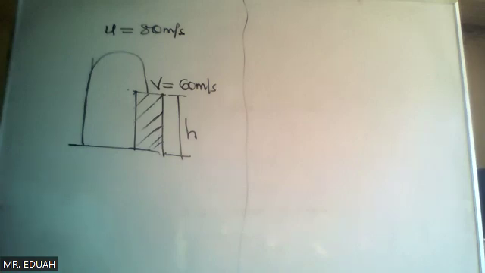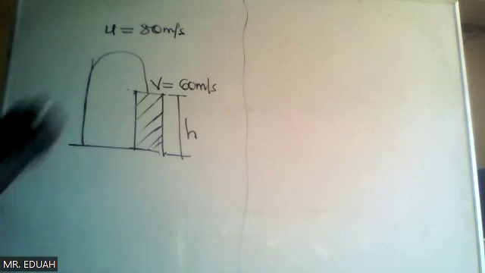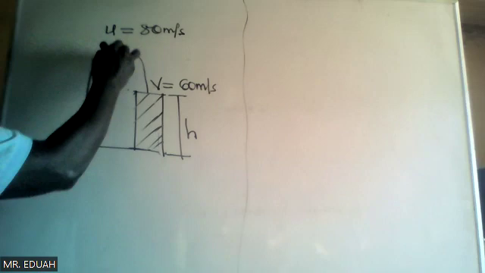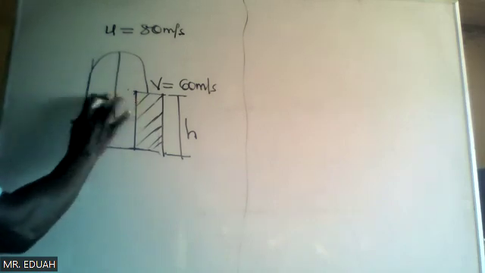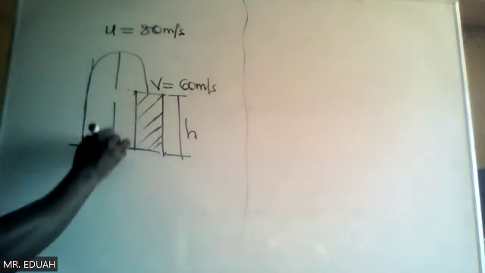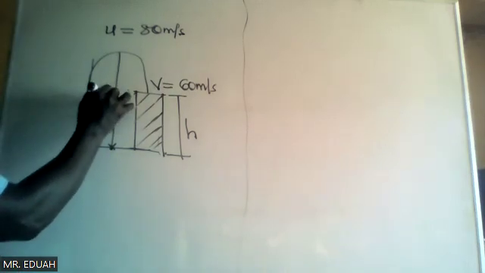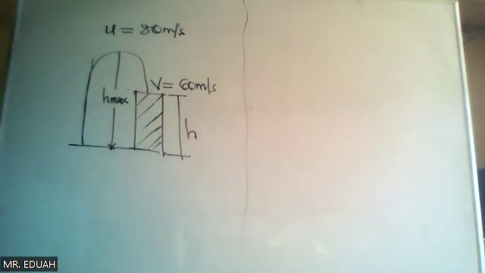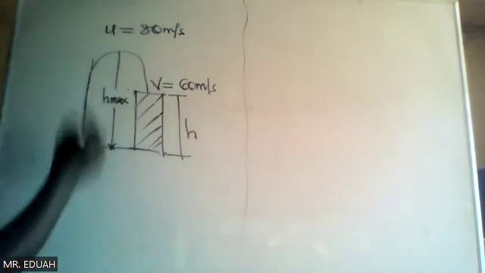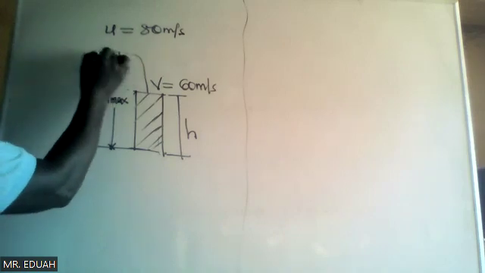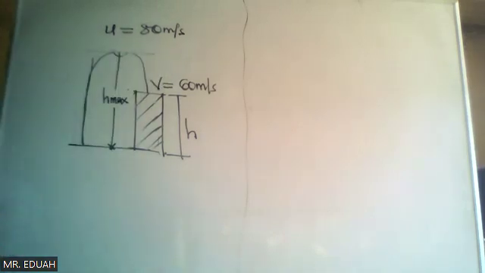How do we calculate the height of the building? I want you to help me determine the maximum height reached. Help me calculate for the maximum height, h max. When the ball is thrown with this velocity, what will be the maximum possible height reached?